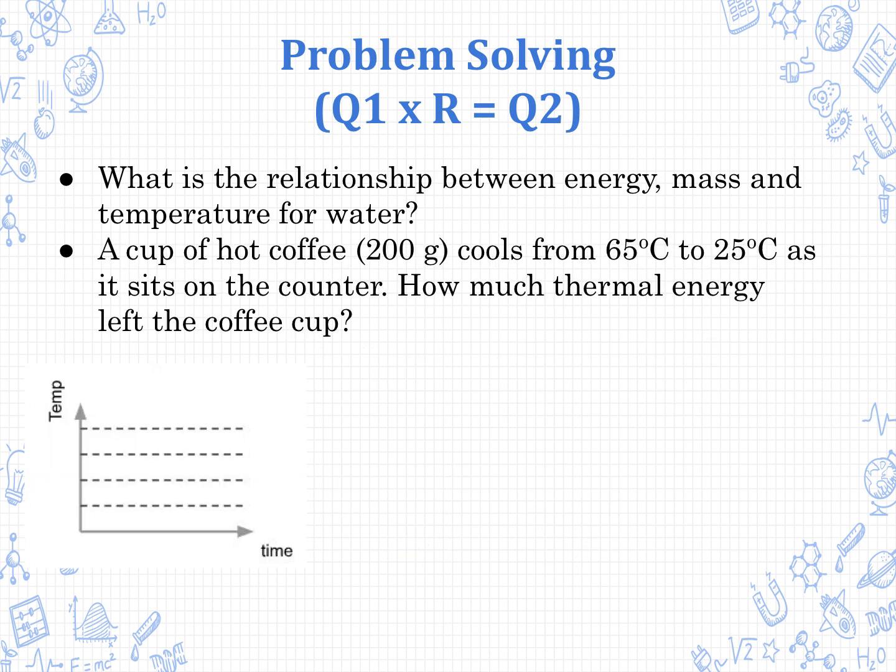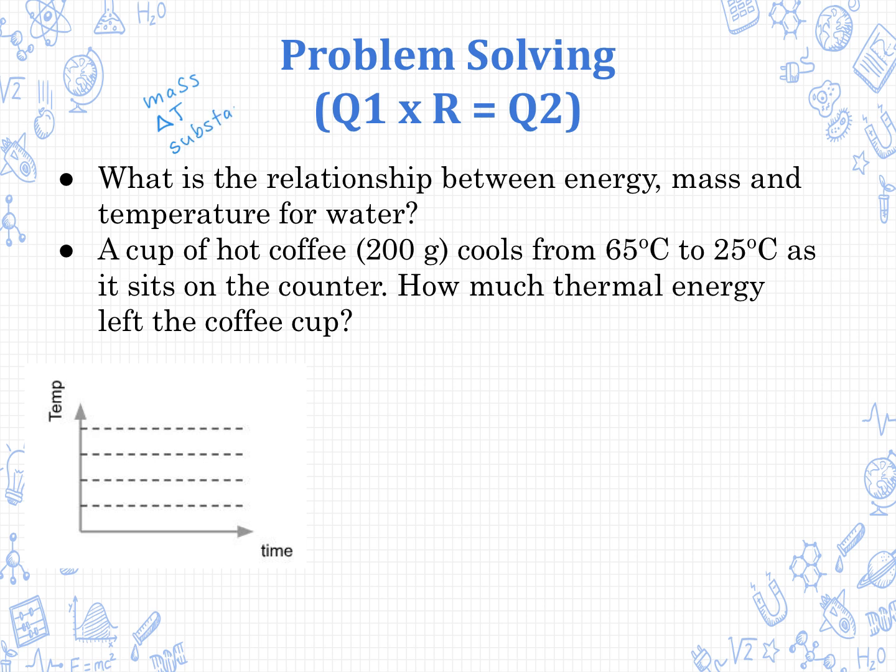All right, so last example problem here, we're going to combine what we know. We know that thermal energy depends on mass. It depends on how much the temperature goes up or down, the change in temperature, and it depends on the substance.